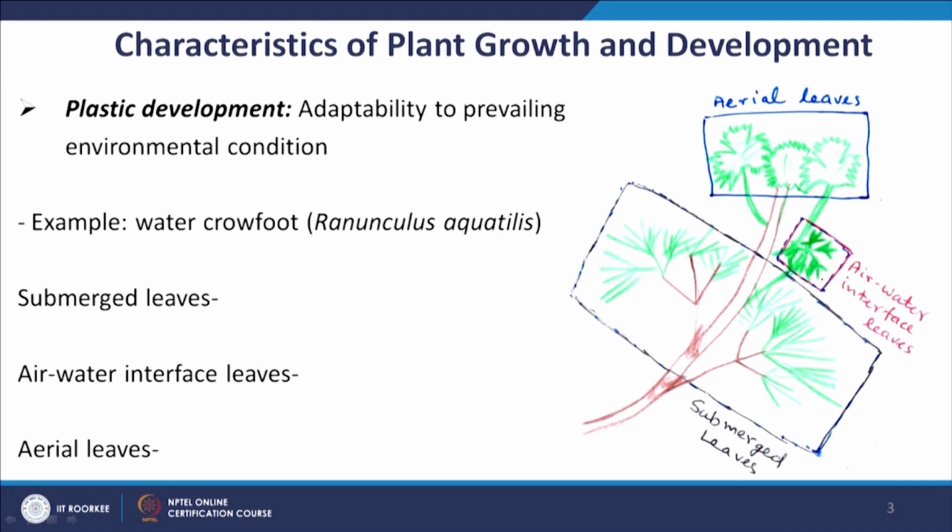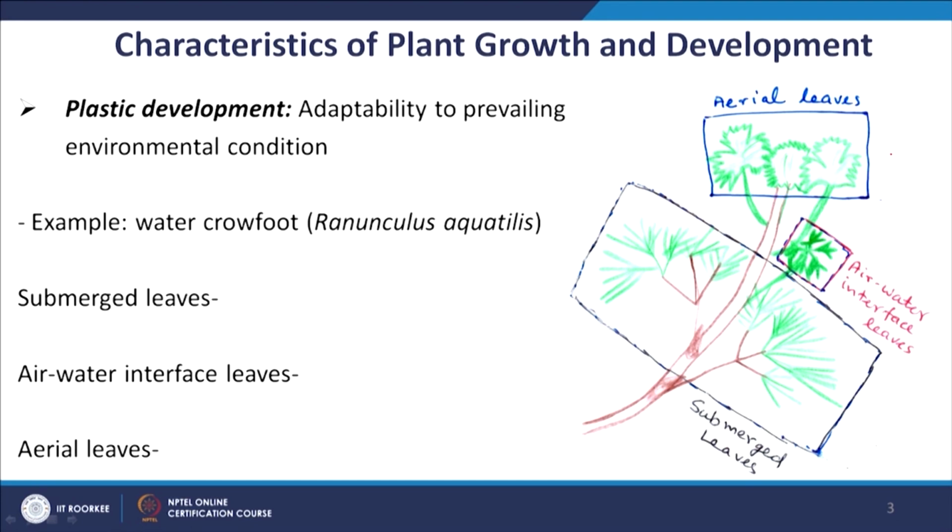That is why this plant makes three types of leaf. The leaves which are submerged have a very different morphology, structure and function. Those at the interface of air and water have a morphology very different from this one, and the aerial leaves are totally different.